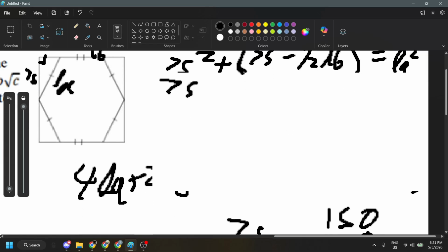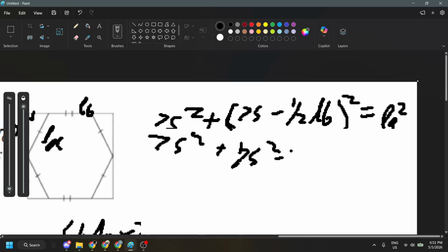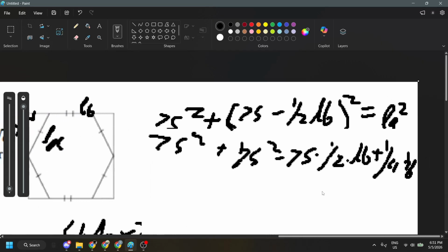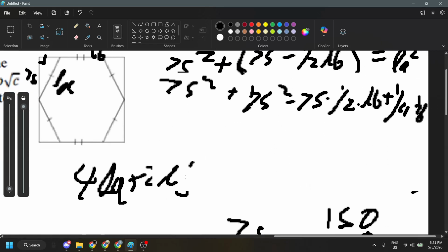So this gives us 75 squared plus 75 squared minus 75 times 1/2 times LB plus 1/4 LB squared.